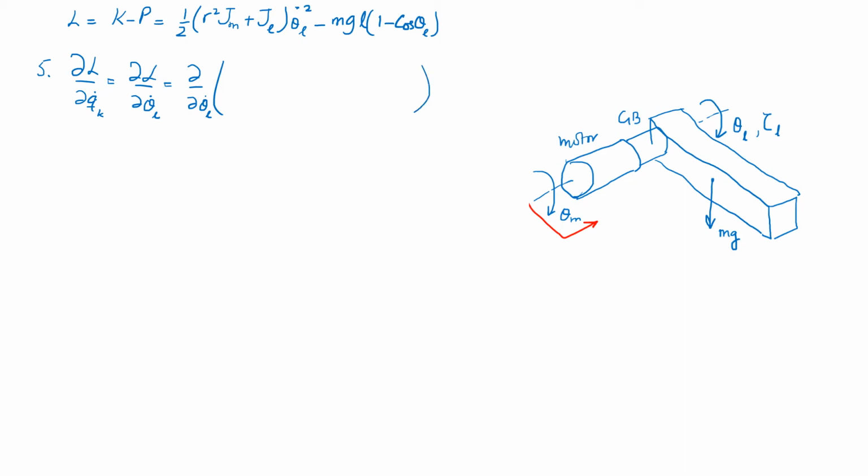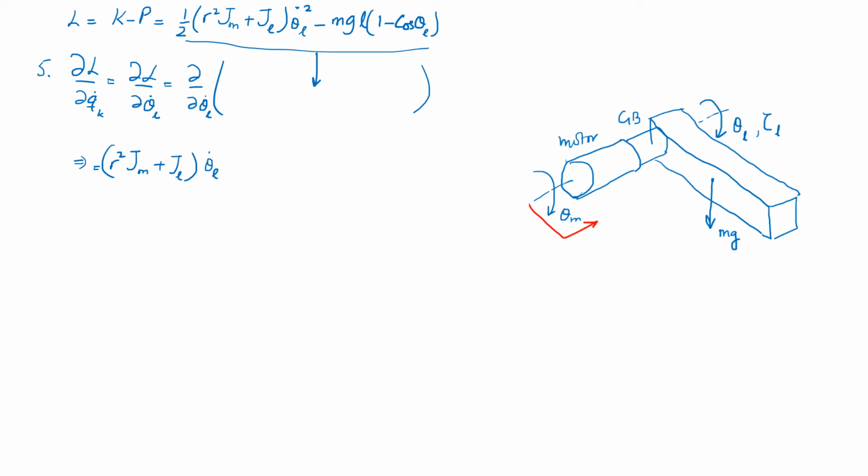When you do that, this is going to be very simply, because there is only one term which involves theta L dot, r squared Jm plus Jl, which I can write as J as well, then you have theta L dot. So that is equal to partial of L by partial of theta L dot.